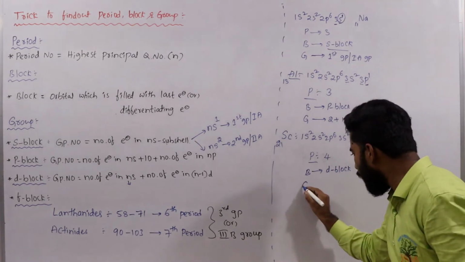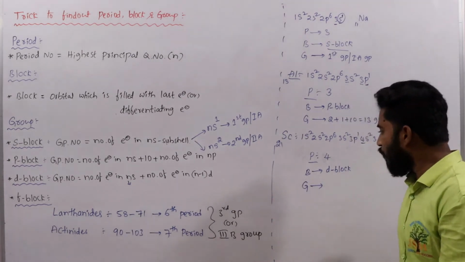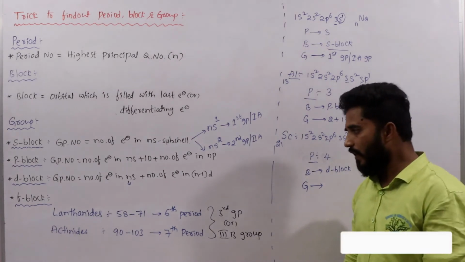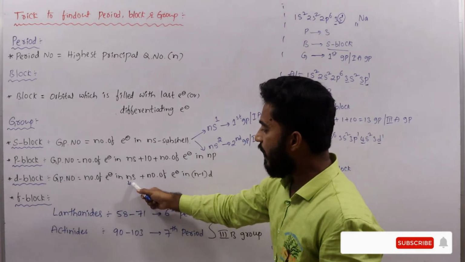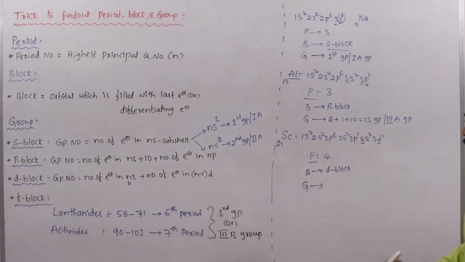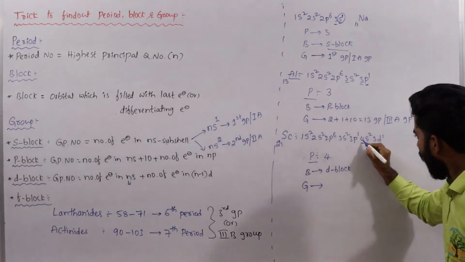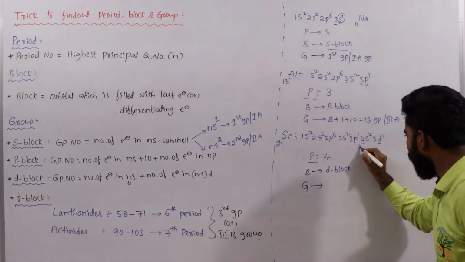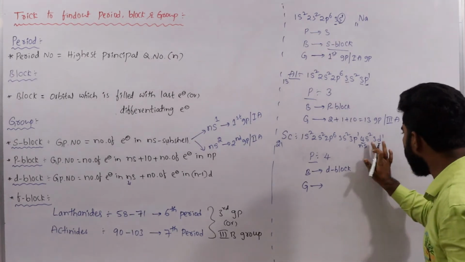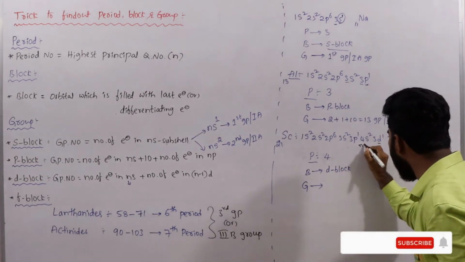Let us see the group. For d block elements, how to find out the group? Number of electrons in Ns plus number of electrons in (N minus 1)d. Here, fourth is the last shell, that's why this is Ns.